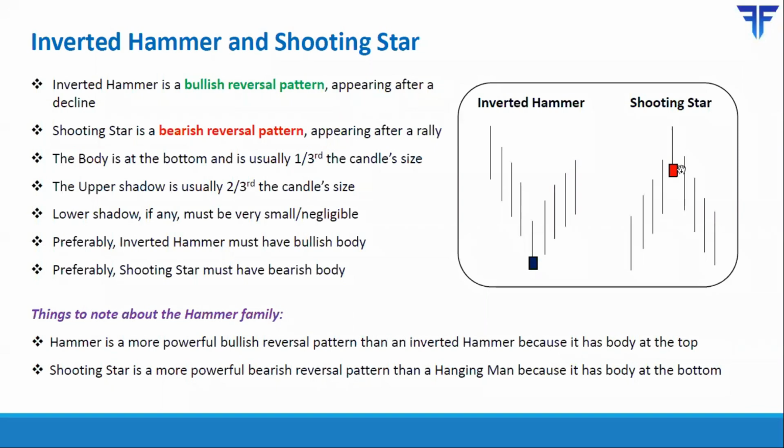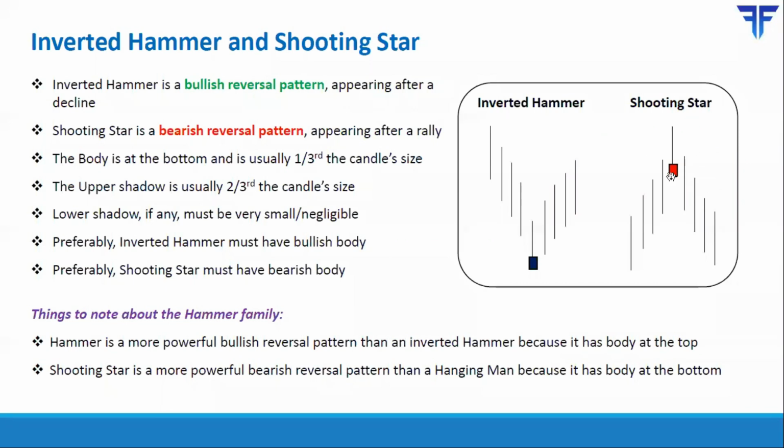So it indicates a scenario wherein the buyers were not in control for that particular day, and there was a sudden shift in market sentiment from a bull driven market to a session wherein bears outpowered the bulls. So in the subsequent candle, if the low of the shooting star is broken, then it indicates lower prices in the time ahead.